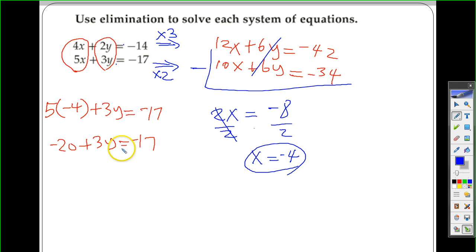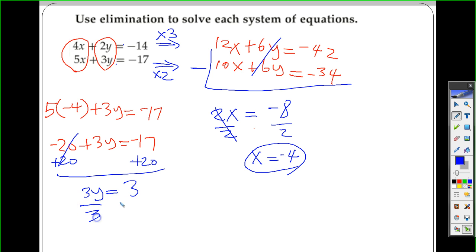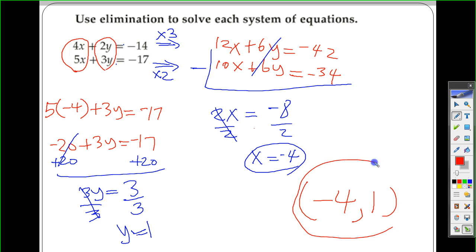I'm going to add my 20 on each side. Eliminate it. You have 3y equals 3, divided by 3, and you have y equals 1. So my final answer here, right, in ordered pair, x comes first, negative 4 and 1 is my final answer.